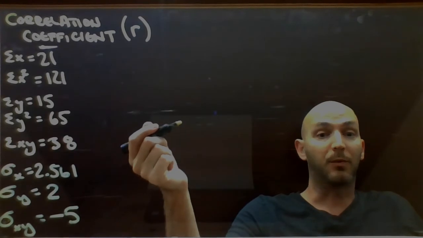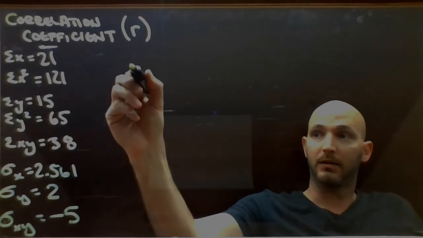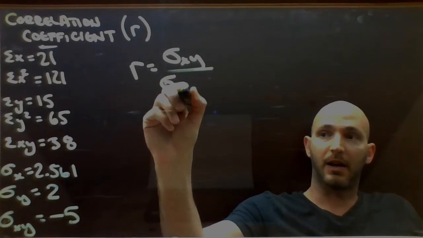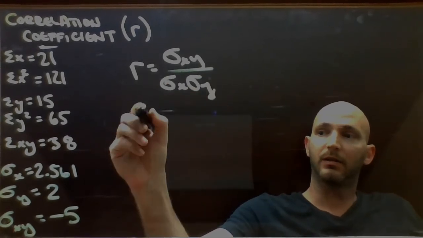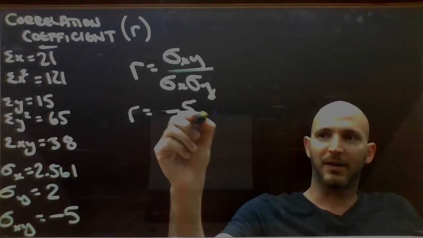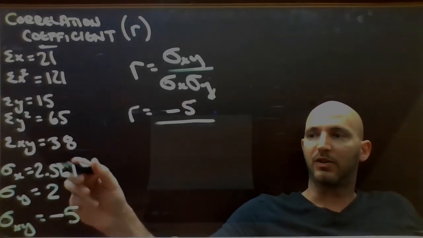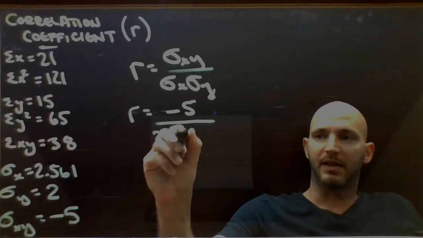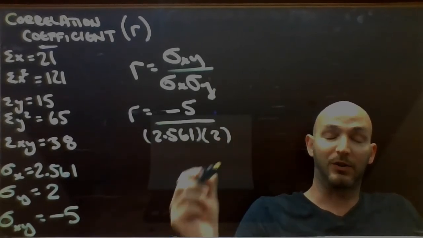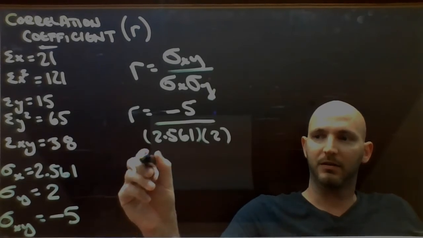So now that we're at the correlation coefficient part, I'm going to take my covariance and divide it by my 2 standard deviations. So I have negative 5, a nice round number. Standard deviation of x at 2.561, and standard deviation of y at 2, which is another nice round number.